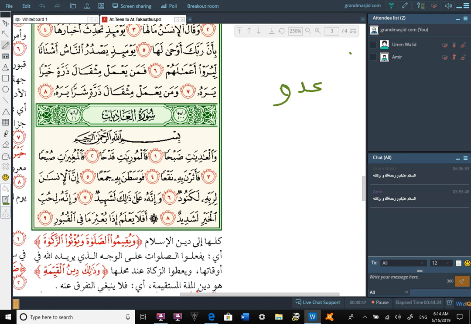Al-Adiyat is a feminine fa'il from this root, and it's referring to the horses which are running. They translate it as the galloping steeds. Let me see what the Noble Quran translates it as real quick.